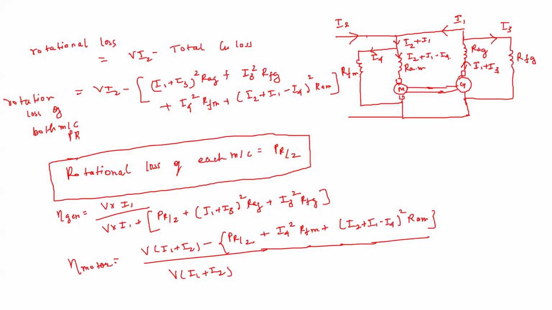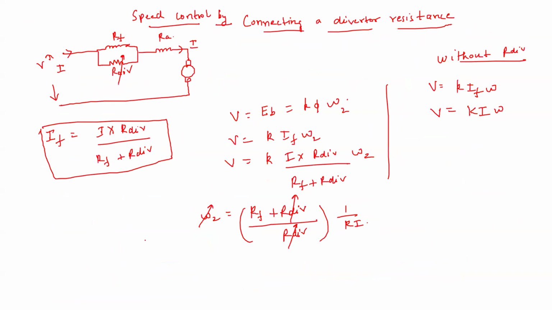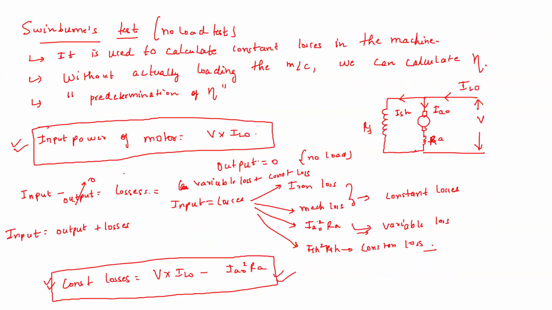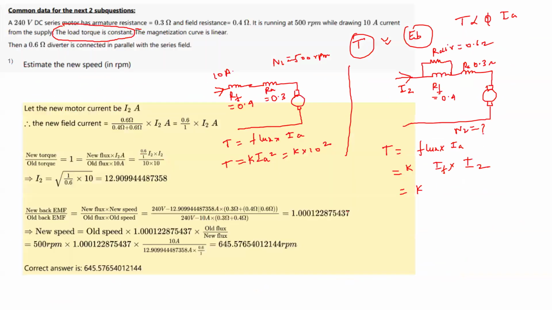So the new field current becomes I into R diverter by RF plus R diverter, by applying the current division rule in the two parallel connected resistances. So IF becomes I2 into R diverter by R diverter plus RF. In this case, the torque is K I2 square into R diverter.